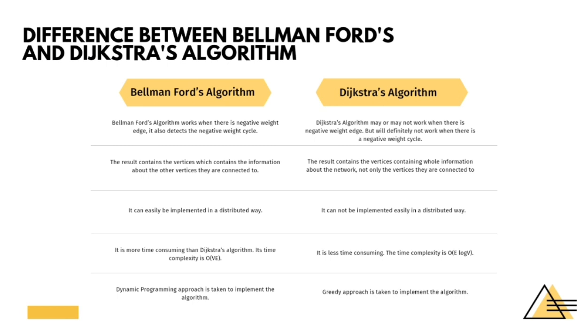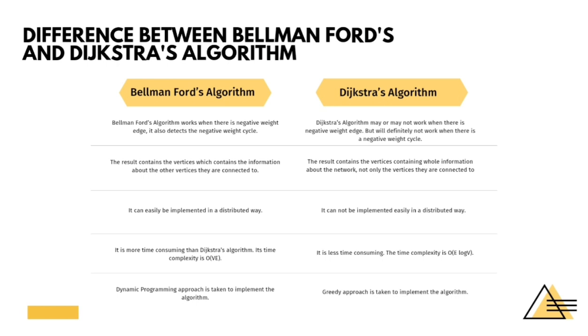Bellman-Ford's algorithm can easily be implemented in a distributed way, while Dijkstra's algorithm cannot be implemented as easily. Bellman-Ford's algorithm is more time consuming than Dijkstra's algorithm, while Dijkstra's algorithm is less time consuming.